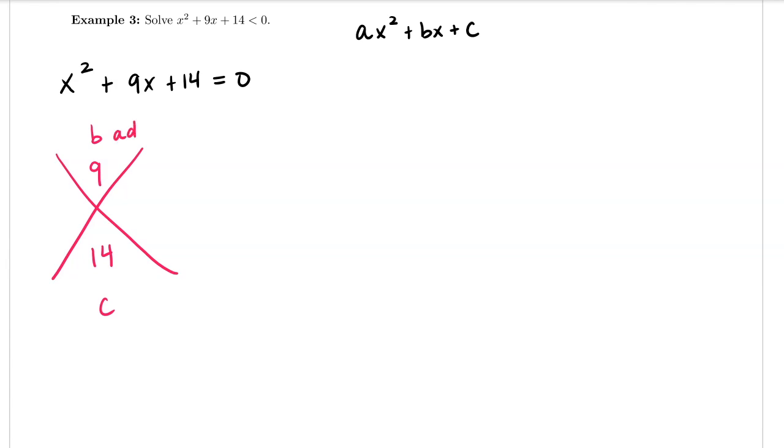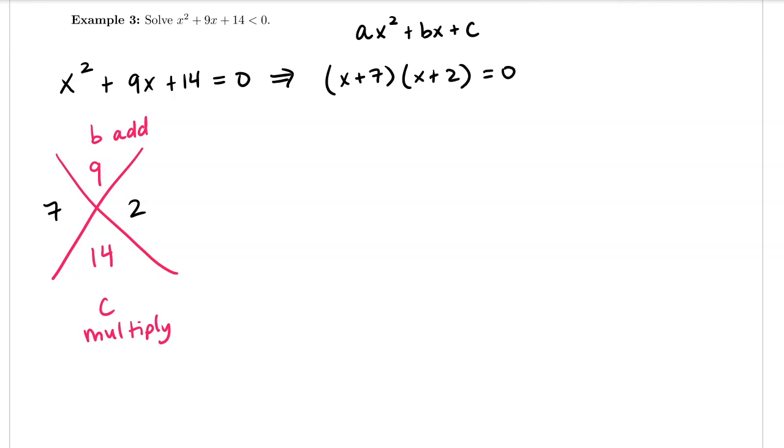Now, I want to find two numbers that add to the b value and multiply to the c value. The two numbers that do that for us are going to be 7 and 2, which means that now I can take my equation, I can factor it into x plus 7 times x plus 2 is equal to 0.